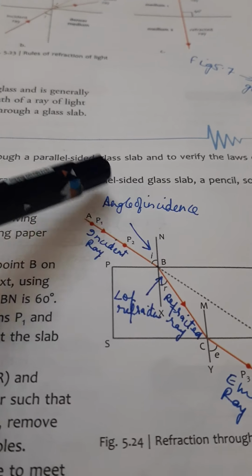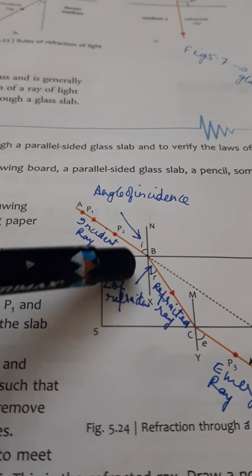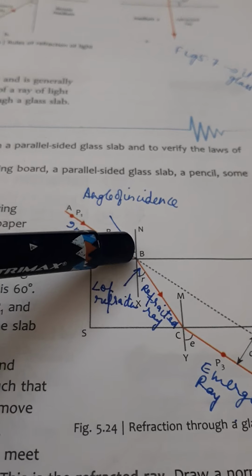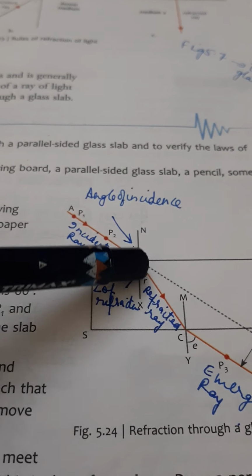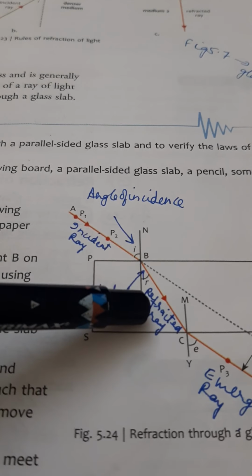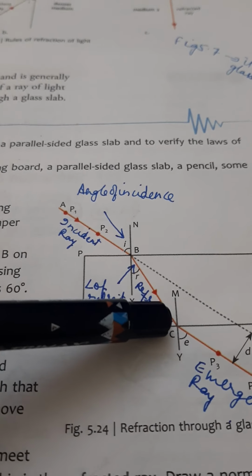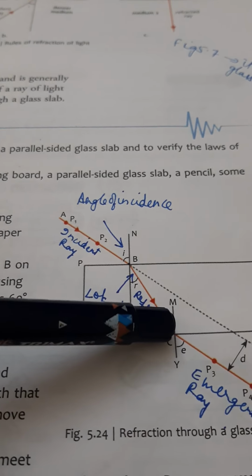At point B, which is the point of incidence, the normal has been drawn as NX. And C is also a point of incidence, at the surface of separation of the two media, and at C also a normal has been drawn as MY.